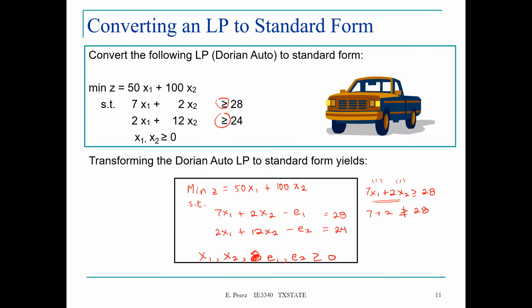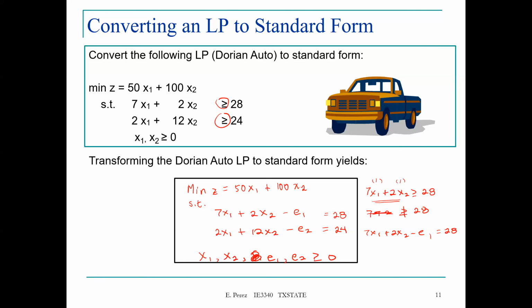But if we use an excess variable, 7x1 plus 2x2 minus E1 equals 28. Actually, you have to meet this amount.